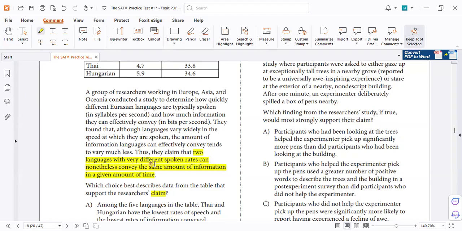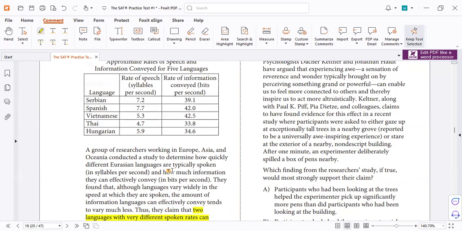Two languages with very different spoken rates can nonetheless convey the same amount of information in a given amount of time. Look, the same amount. Which one proves the same amount?